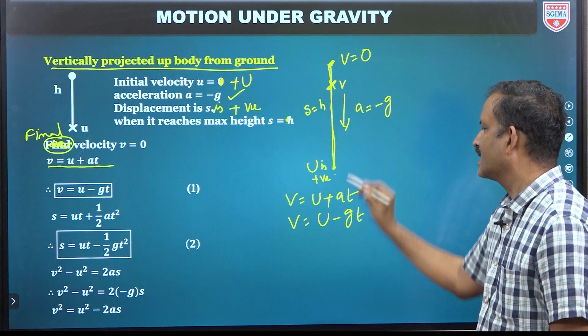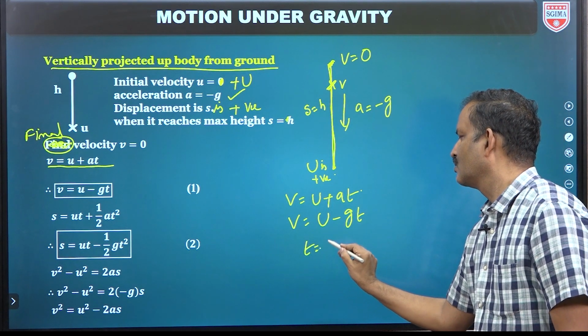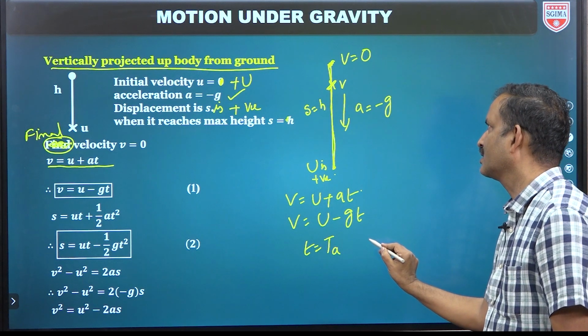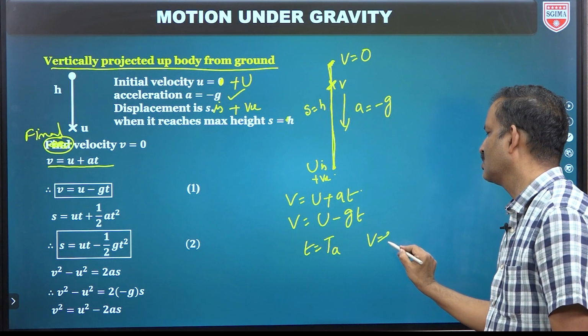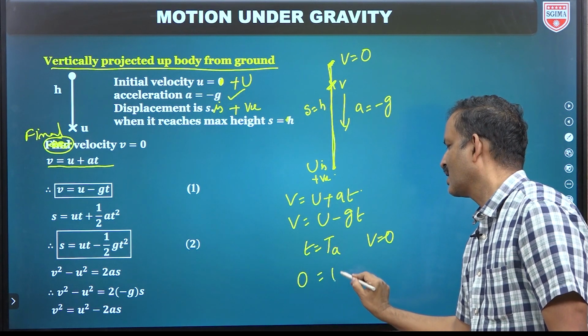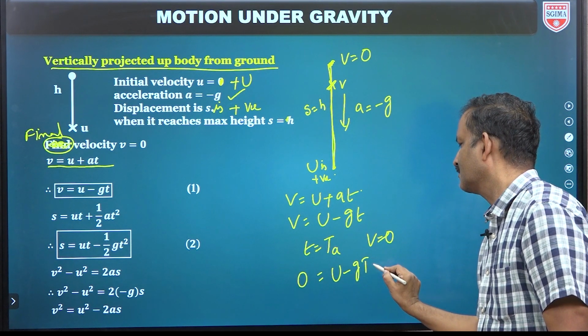Suppose in t seconds, t is equal to Ta, the body reaches the highest point, then v is equal to 0. So, 0 is equal to u minus g into Ta.